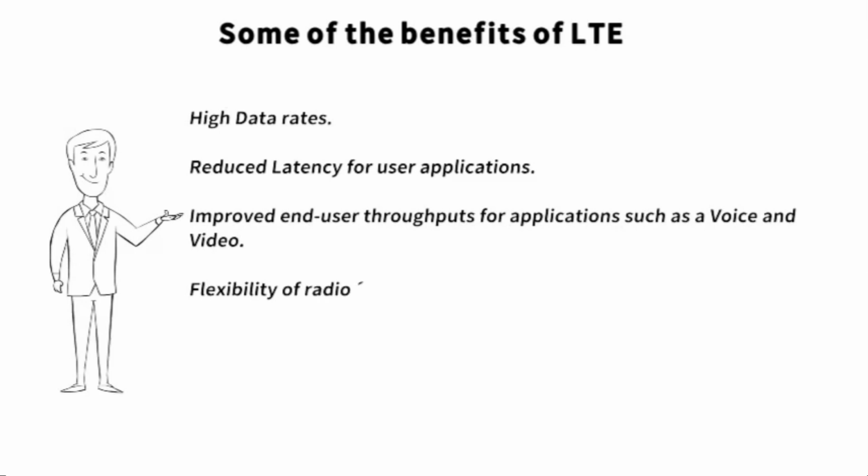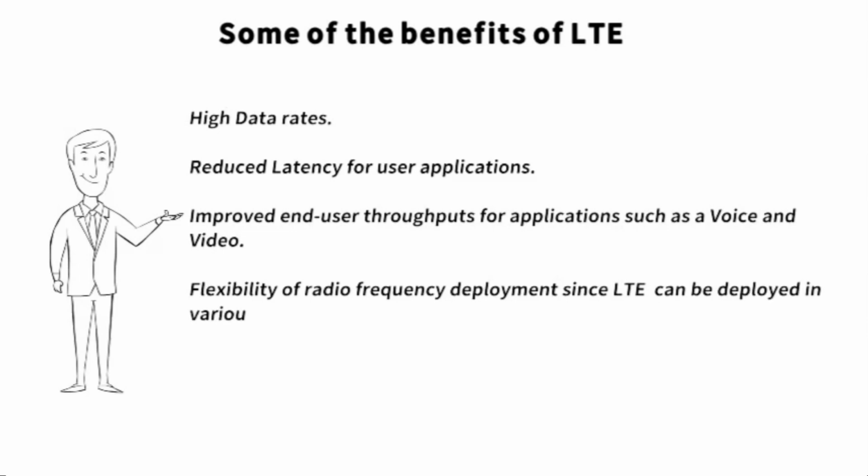And from the latency perspective, as we have discussed in earlier videos, it provides reduced latency for user applications, which enables improved end user satisfaction with high throughput for applications such as voice and video. Whenever we talk about LTE, we talk about speed, and with speed we get the user experience.